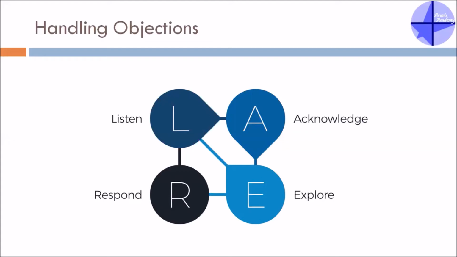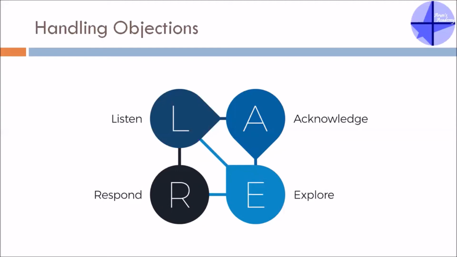Please acknowledge, please accept whatever he is coming up with. Once you acknowledge, again don't jump to respond, explore. Any objection, it is not easy to understand in one go. You might not be very clear on what he is wanting to say, so please explore a little more. Once you do that, again he might respond.